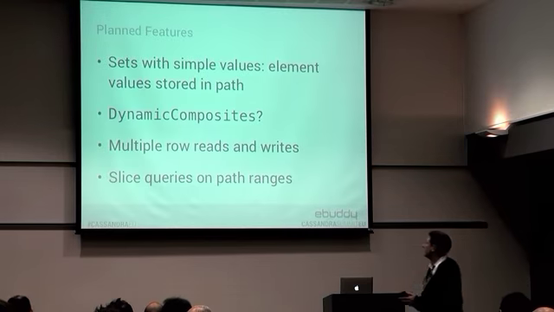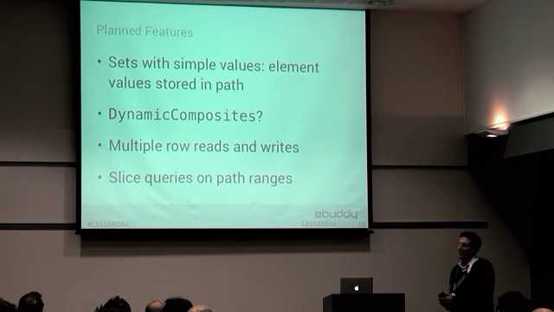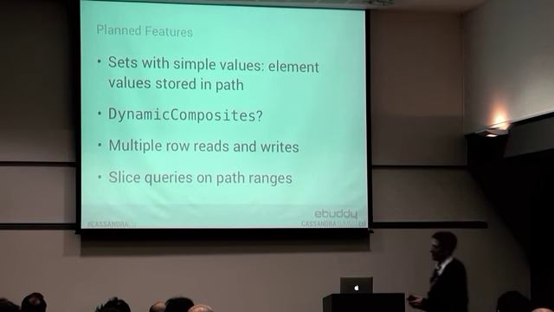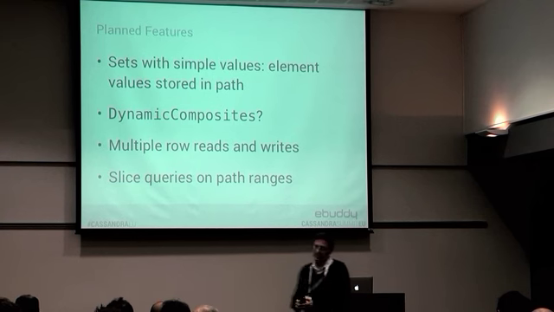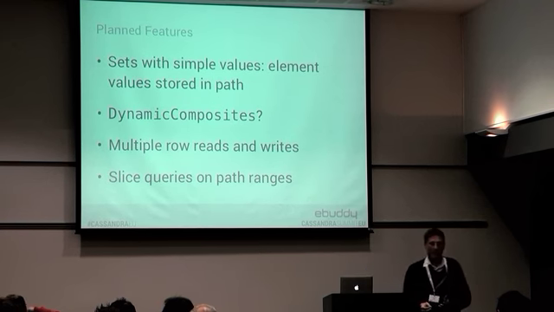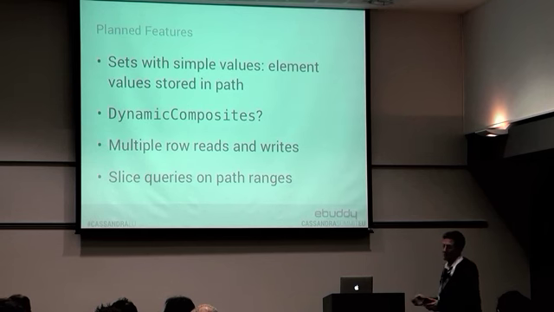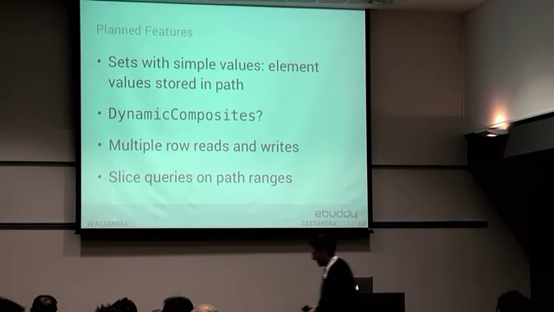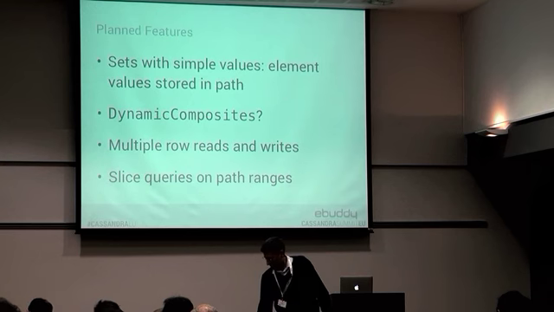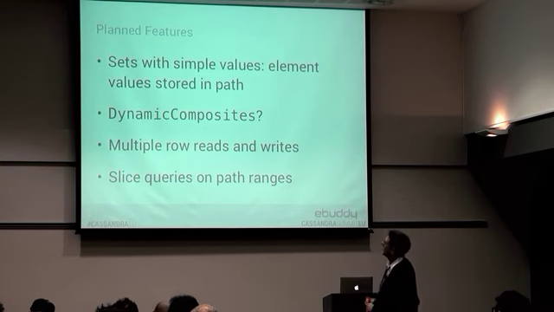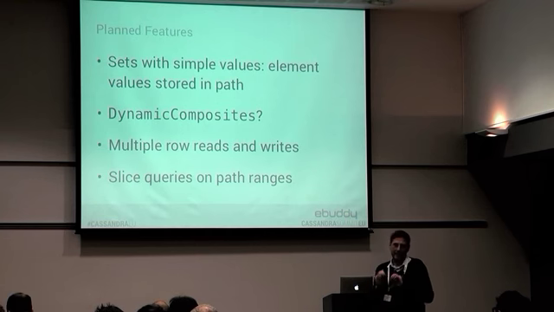And then finally, things that are planned for the future: sets with simple values. This is very similar to how CQL would actually nest sets as well. And CQL also currently only supports simple values because if it's a set of complex objects, then it's not really possible to maintain the structural access of those objects.